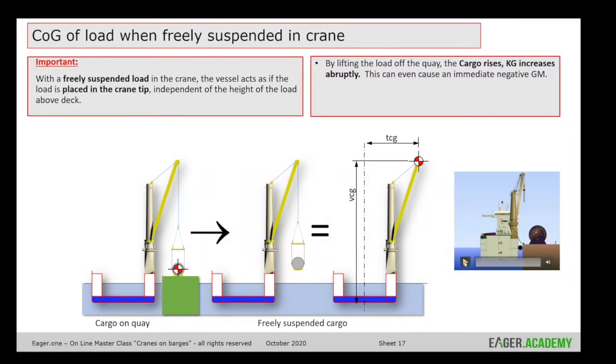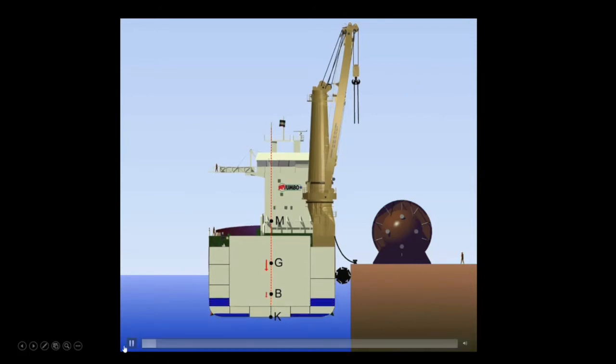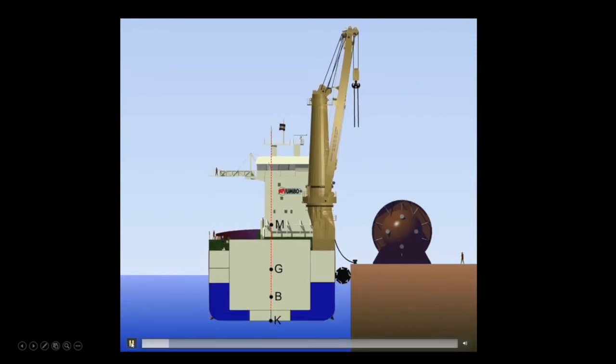Now, this is best shown over here in this short movie. What we do here is we fill up the ballast tanks with water, just to create some additional stability. The G is down.